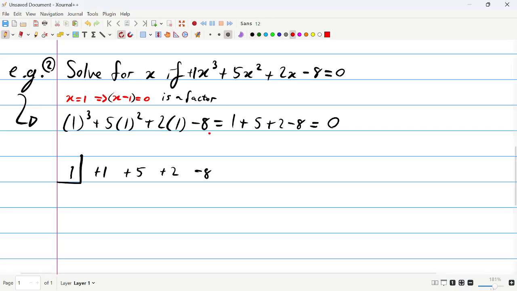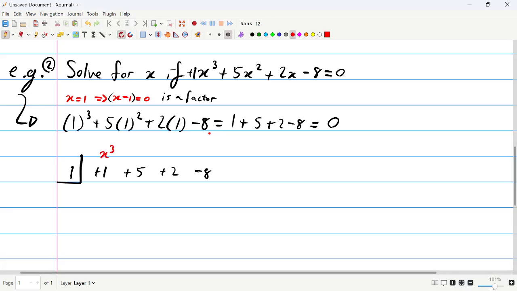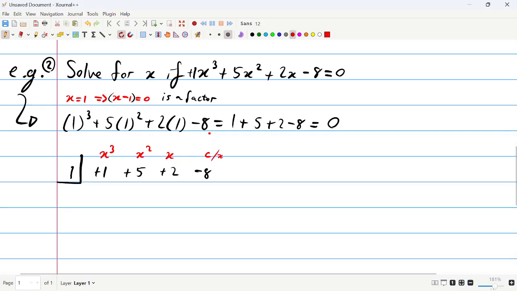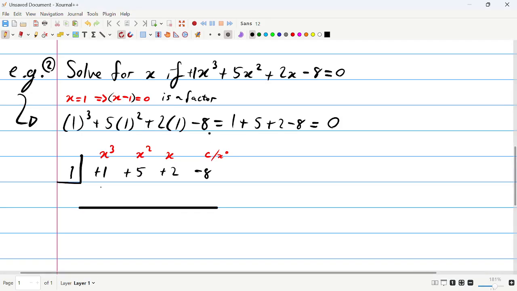And notice that obviously the positive 1 is the coefficient of x cubed, the coefficient of x squared is positive 5, the coefficient of x is just positive 2, and negative 8 is just the constant, or x to the power of 0. So then we obviously draw a line, space in between, and then we take the first value down, which is positive 1.